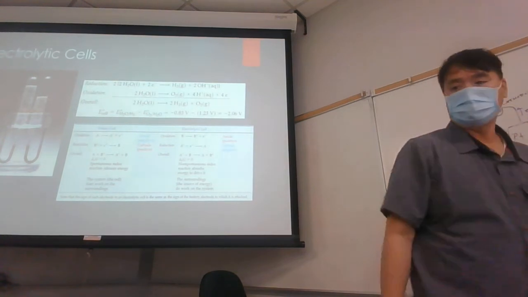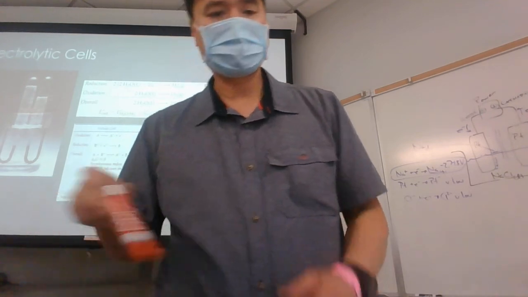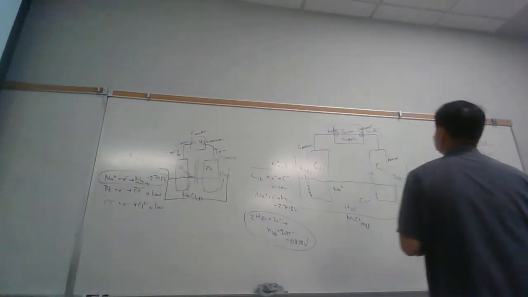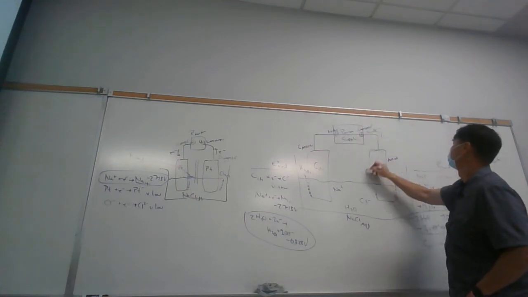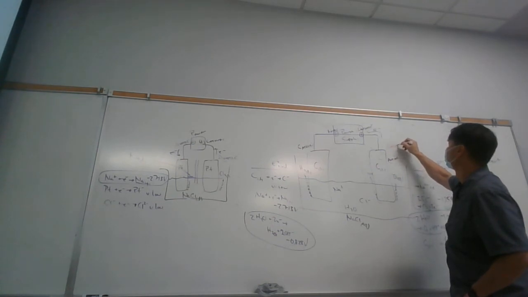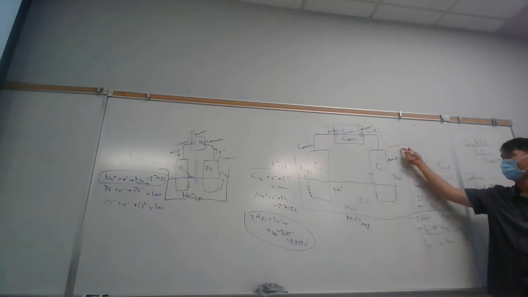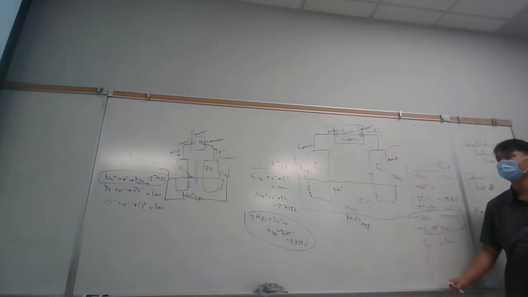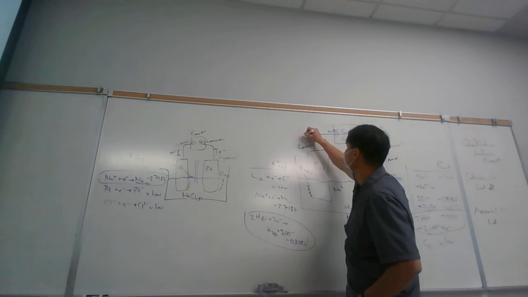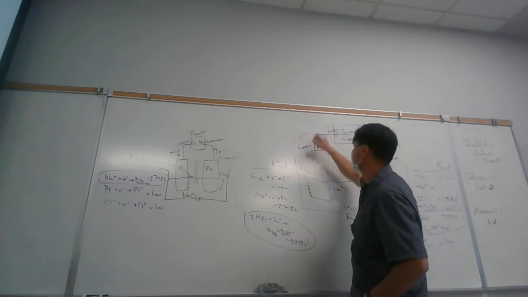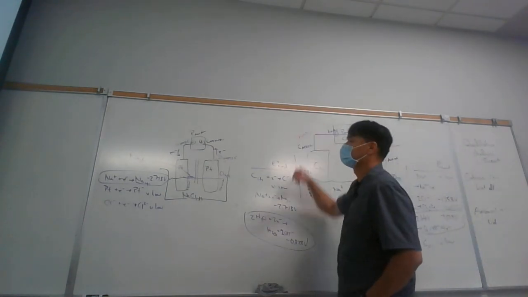And what they're going to do is they're going to call the whole thing the cathode here. This whole thing is going to be labeled the cathode. But it's weird because oxidation doesn't occur at the cathode. And over here, they're going to label the whole thing the anode. And again, this is weird because reduction does not occur at the anode.